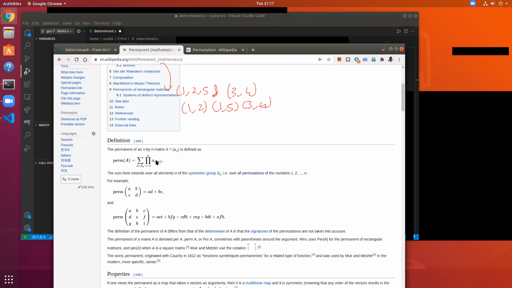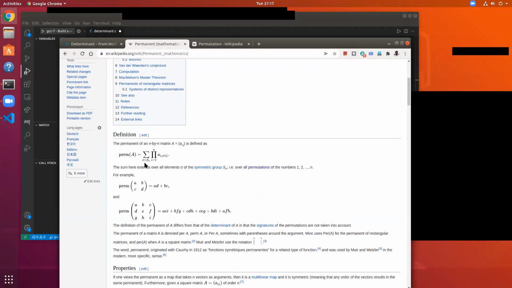So if you see, the permanent of a matrix: you take a matrix, okay? And Sn is the set of all permutations, and there are factorial n permutations possible. The size of Sn is factorial n. So you take a permutation from Sn.